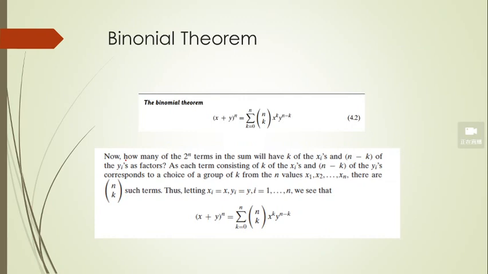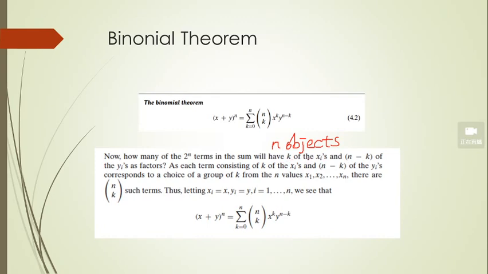How about the nth term? In each term, we have n objects. How can we choose those n objects? We choose k x's and n minus k y's, right? So in this way, we can set up our terms.